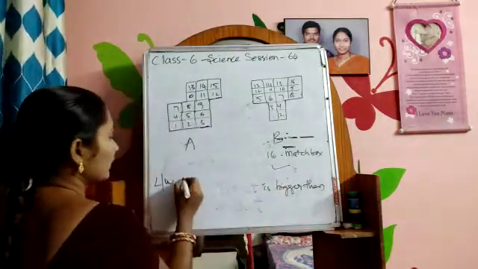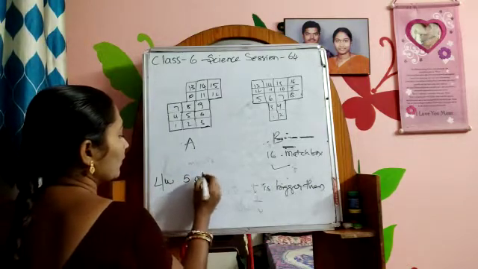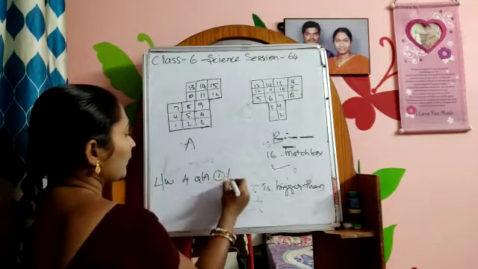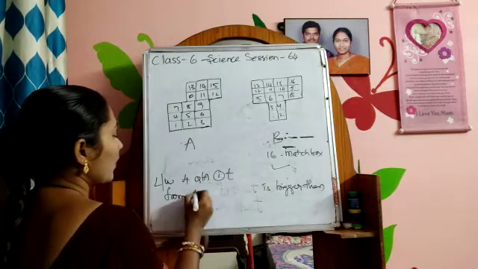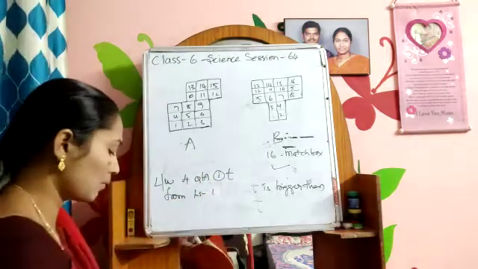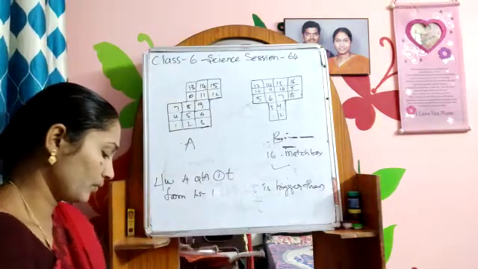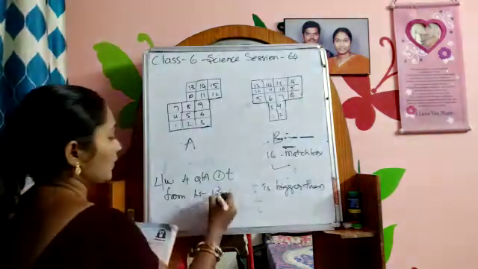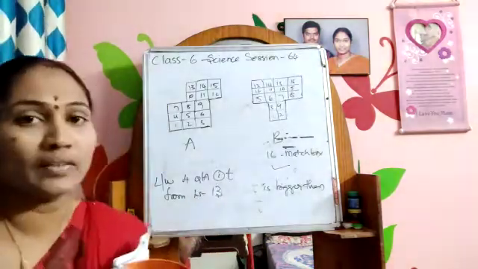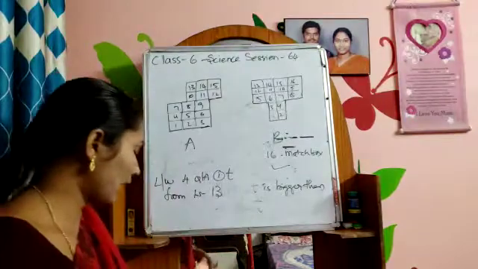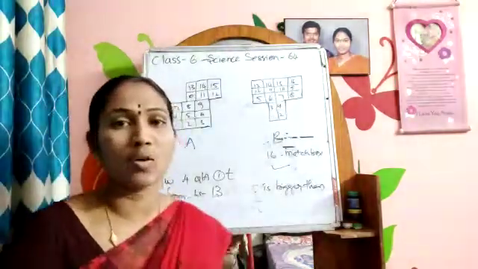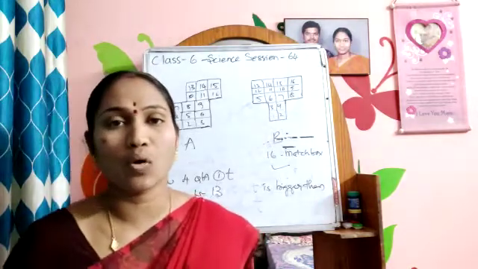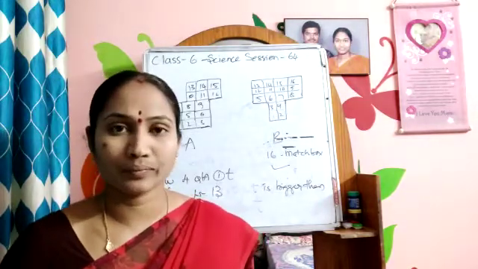Learn and write 4 question and answers one time from lesson number 13. This is your homework. Don't forget and don't ask me again and again. While you are writing the homework, please read the answers.